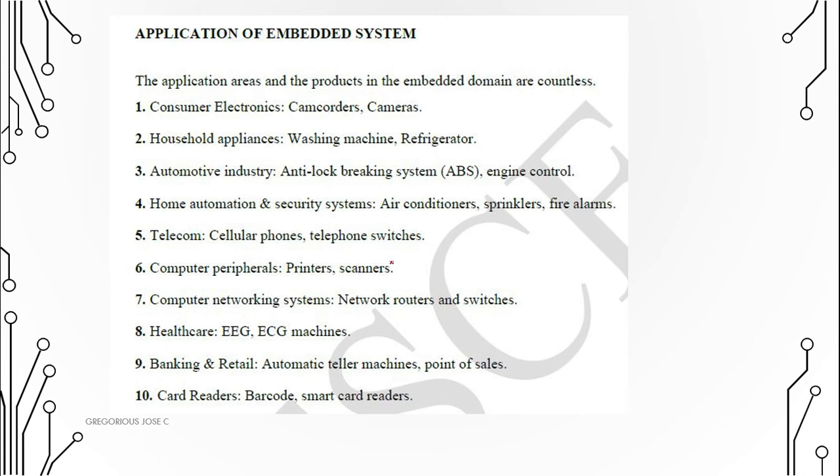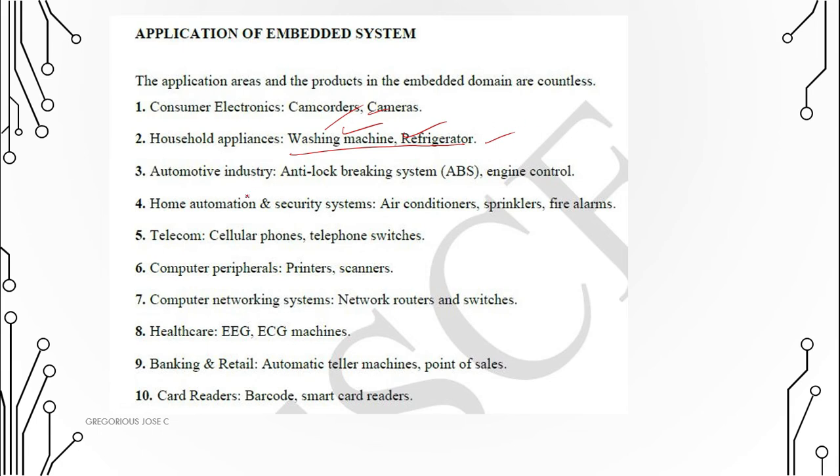Next, we are going to discuss the applications of an embedded system. What are the different applications of an embedded system? First one is consumer electronics, such as cameras and camcorders. Next one is household appliances. A variety of devices are used in household appliances such as washing machines, refrigerators, DVD players, and so on.